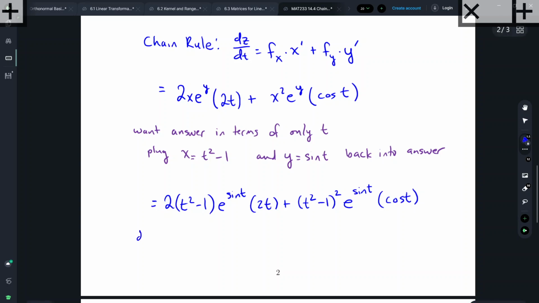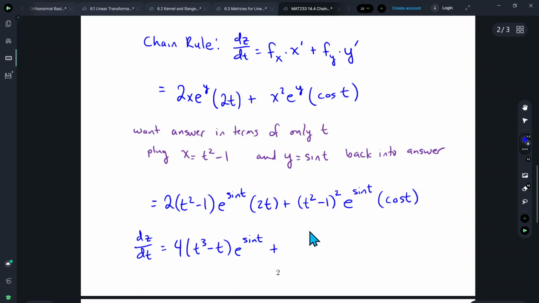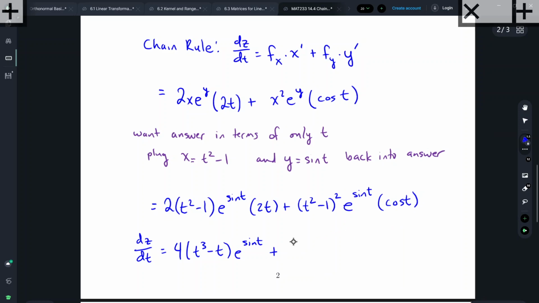And then finally, it's not completely necessary because sometimes these expressions can be somewhat complicated, but we can simplify a little bit. So let's multiply this thing here. 2 times 2 is 4, and then multiplying by t, you get t cubed minus t, e to the sine t, and then plus, let's put the cosine in between here.